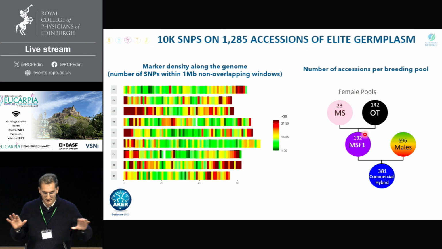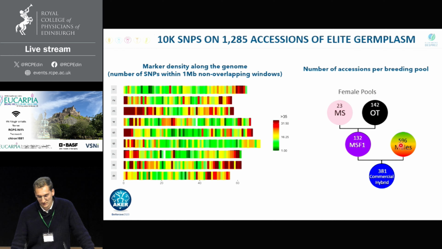So really, male and female breeding methods are very different between the pools, and always they are evaluated regarding the vigor of the commercial hybrids. And here you can keep in mind the colors that I'm going to use throughout the presentation.